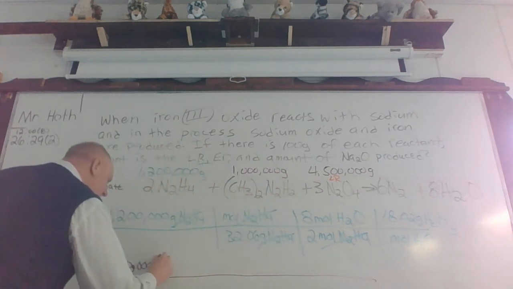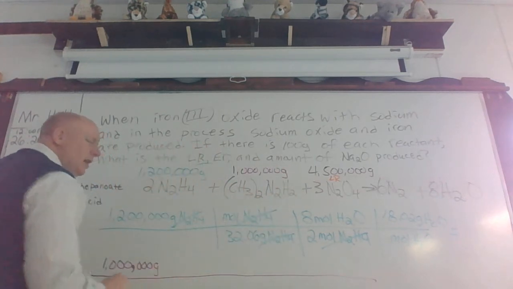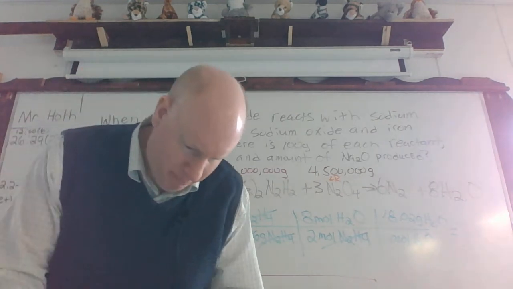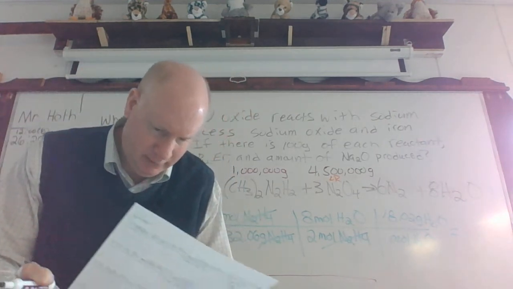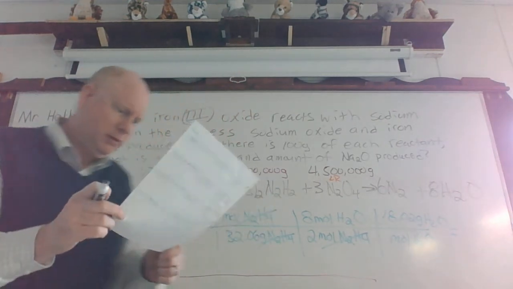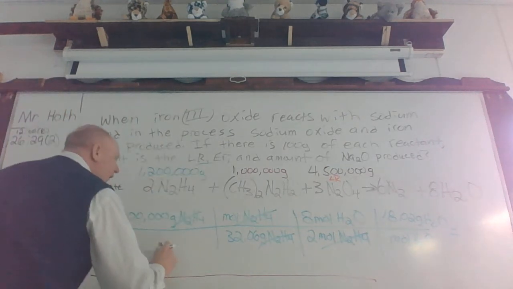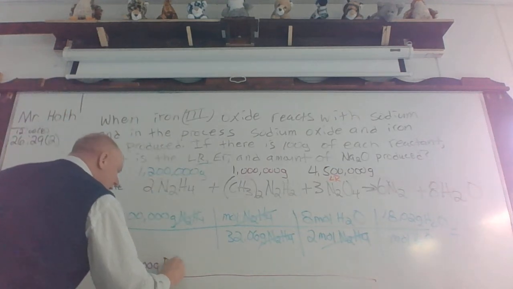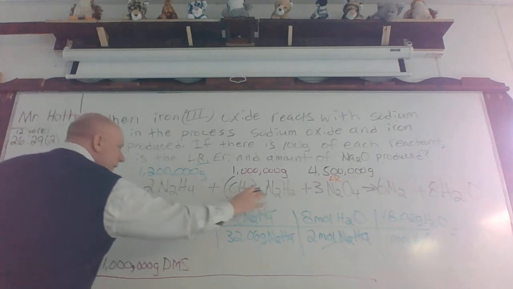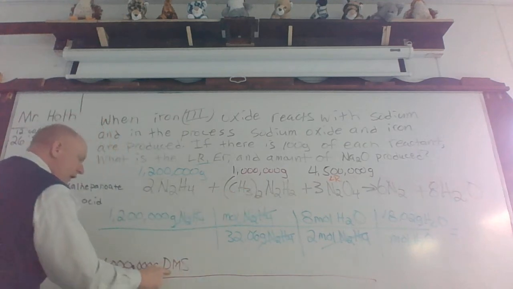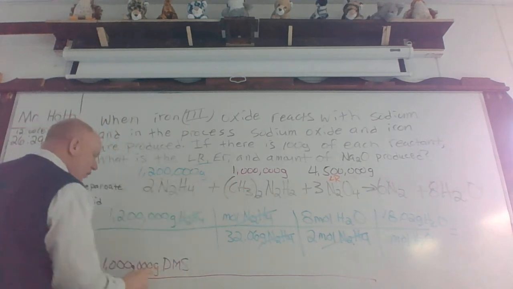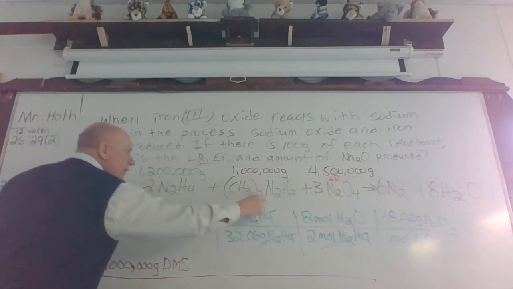Okay, and does it say what it actually is? Dimethyl something. I believe it's called dimethyl sulfone, I believe. But we're just going to abbreviate that. That's why we got these color coded. So we know that we're referring to this compound.